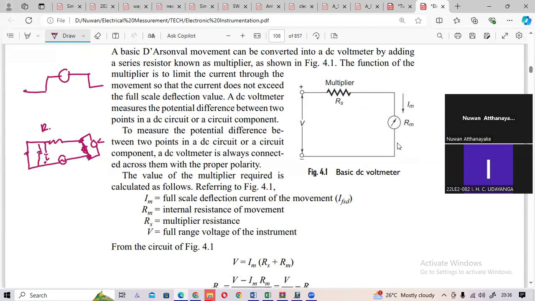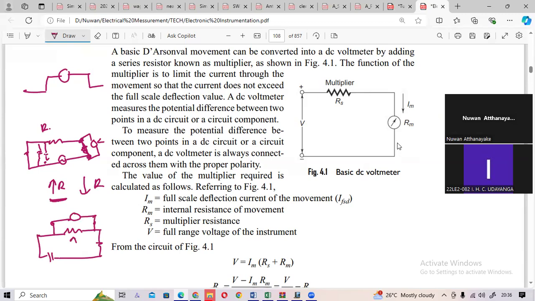For a voltmeter, do you prefer high resistance or low resistance? For a voltmeter, normally we prefer high resistance. Why? If we have a circuit like this, any circuit, transistor, resistor, let's say that you want to measure the voltage across this resistor.